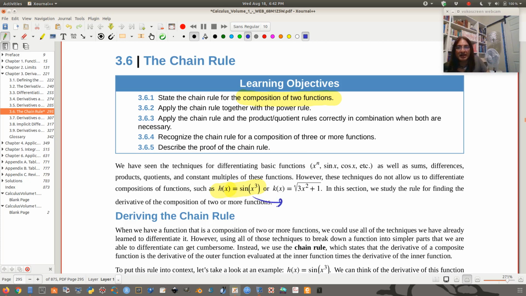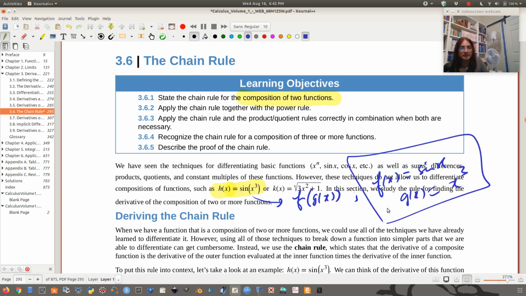So this is kind of like f of g of x, where the f function, f of x, is the sine function and g of x is the x cubed function. When you do a composition of that, f of g of x, it is sine of g of x, x cubed. That's this function. So if you have that, the question is, what is the derivative of this with respect to x?